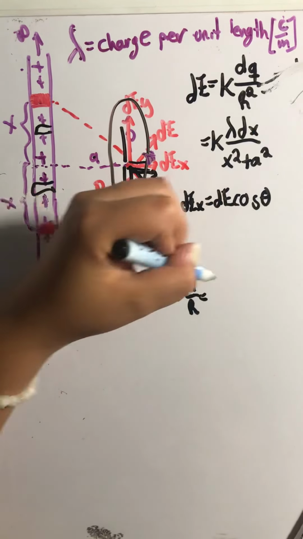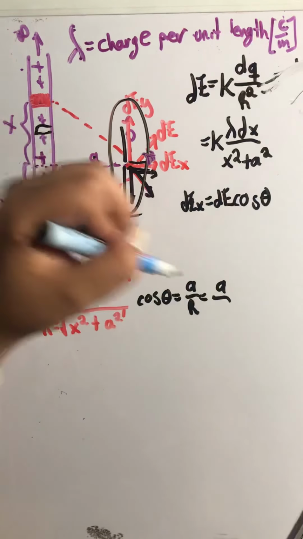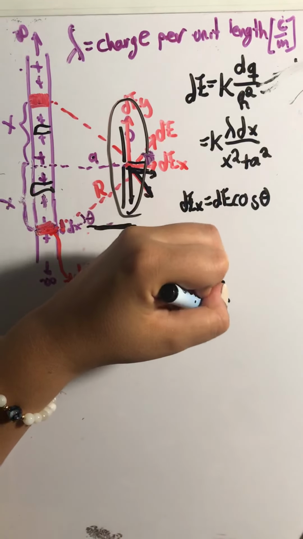We already calculated r, so cosine theta is a over the square root of x squared plus a squared.